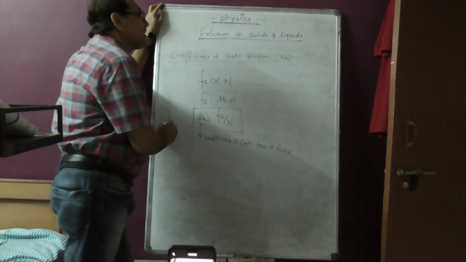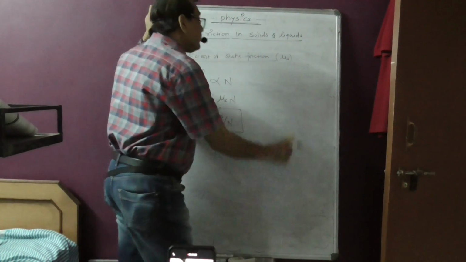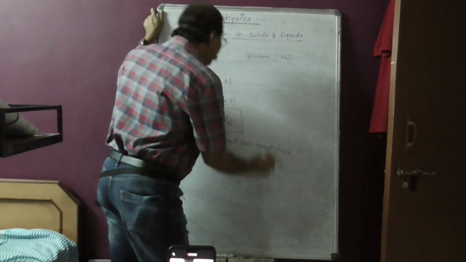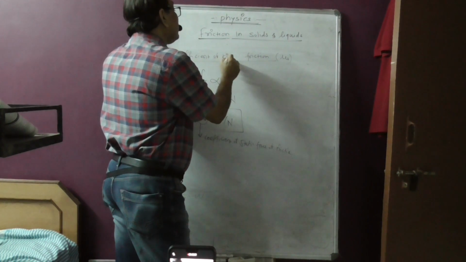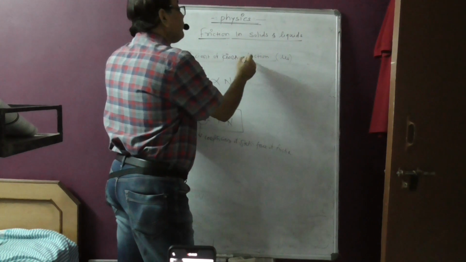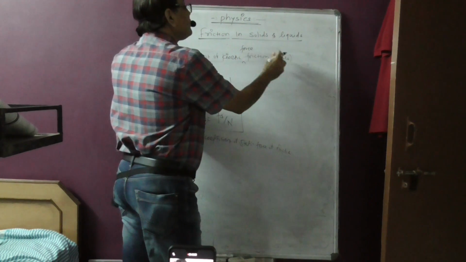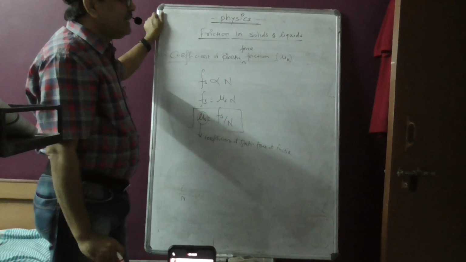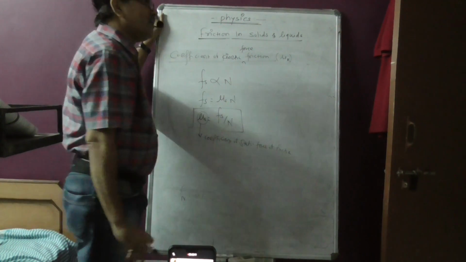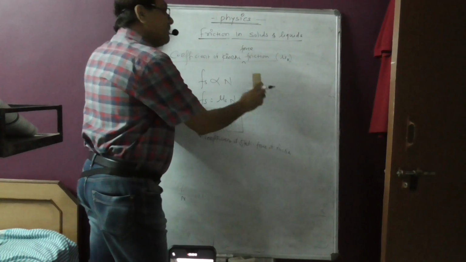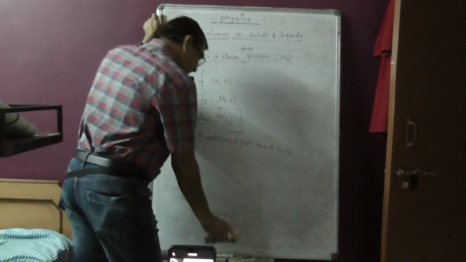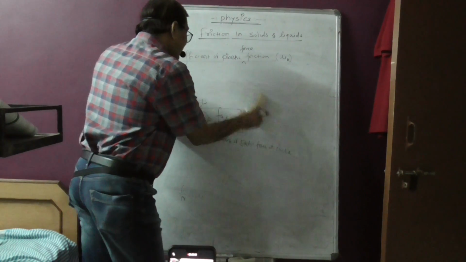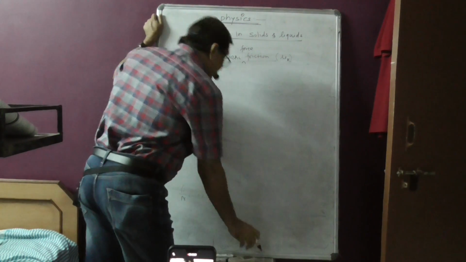Now the second definition is the coefficient of kinetic force of friction, that is mu k. So how is it defined?